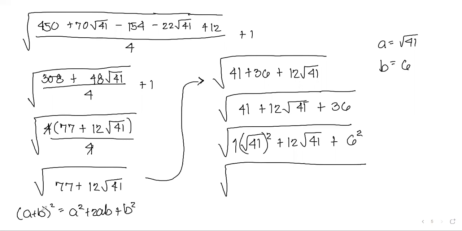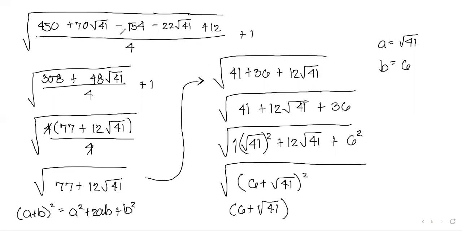Okay, so ito, pwede natin siyang ma-express as ganito. So, A plus B. 6 plus square root of 41, or square root of 41 plus 6, pareho lang yan. Then, isi-square natin. Naka-radical to. So, square root of something squared is just something. 6 plus square root of 41. That's how we got it. Yung sa part na to.